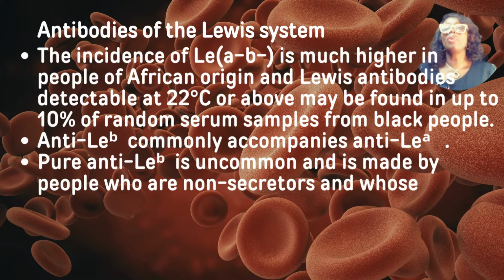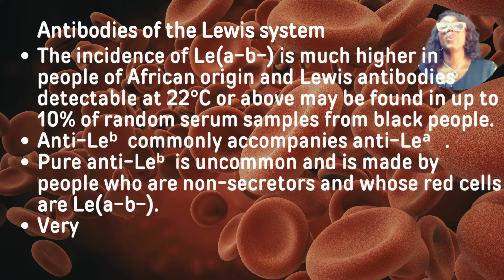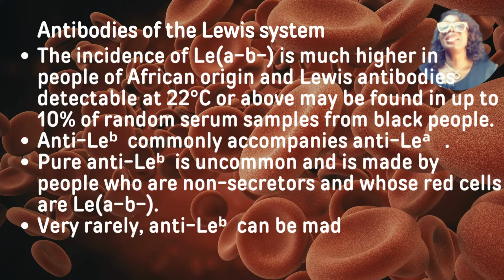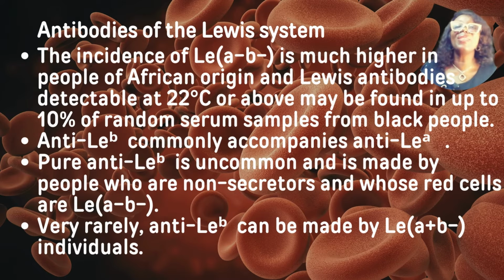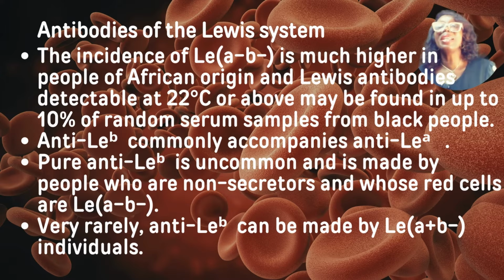And Lewis antibody detectable at 22 degrees Celsius or above may be found in up to 10% of random serum samples from Black people. Anti-Lewis B commonly accompanies anti-Lewis A, and pure anti-Lewis B is uncommon and is made by people who are non-secretors and whose red cells are Lewis A minus and Lewis B minus.